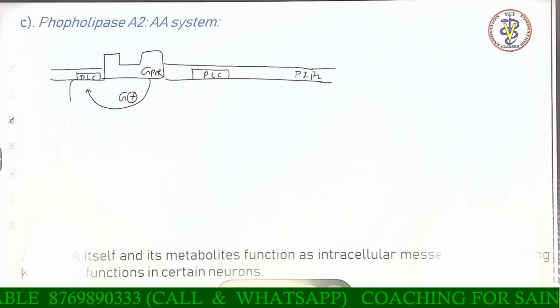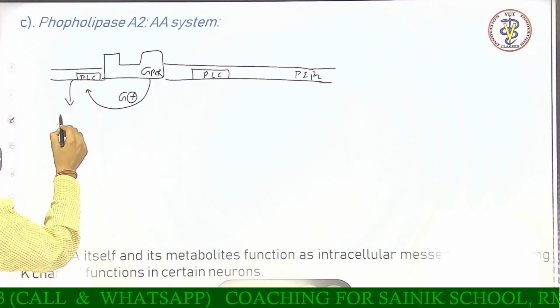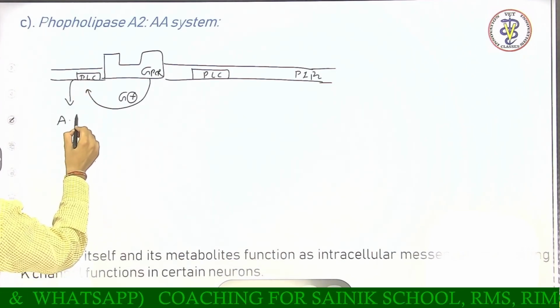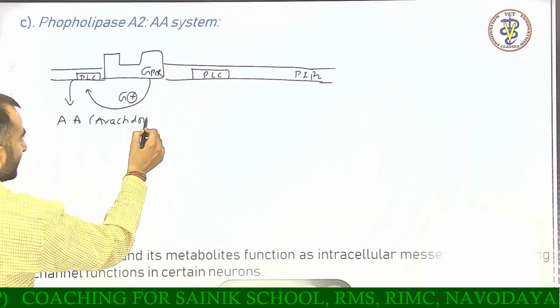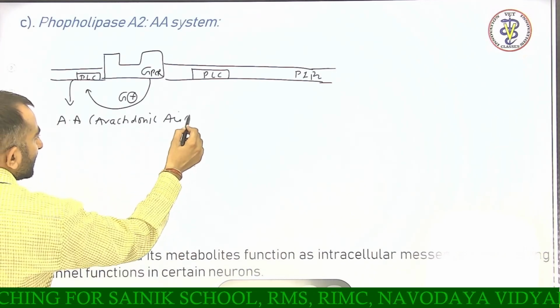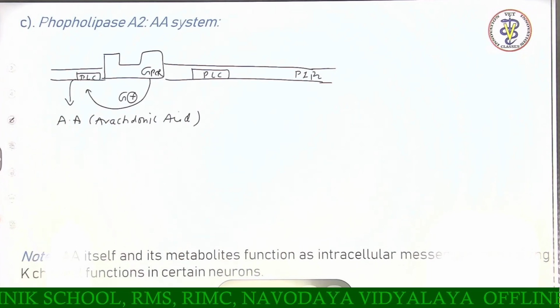So after the activation of G protein, it can also form arachidonic acid. AA stands for arachidonic acid from the phospholipase protein, which is a surface protein present on the cell surface.